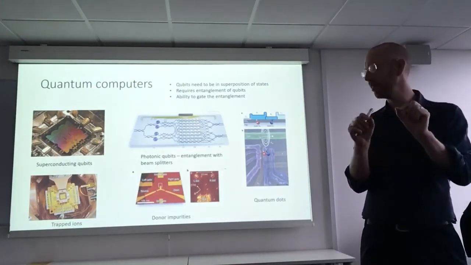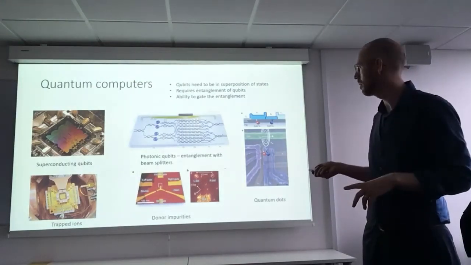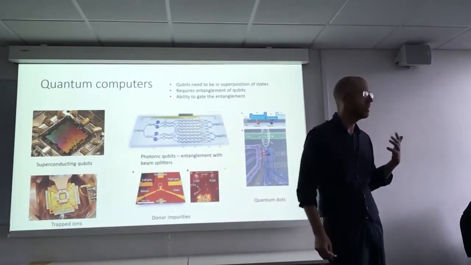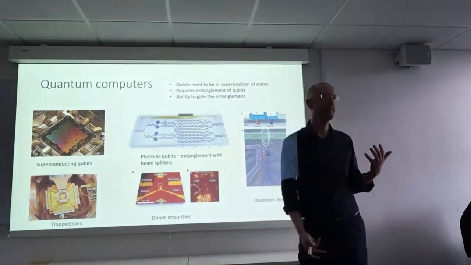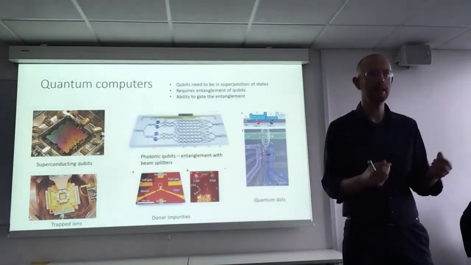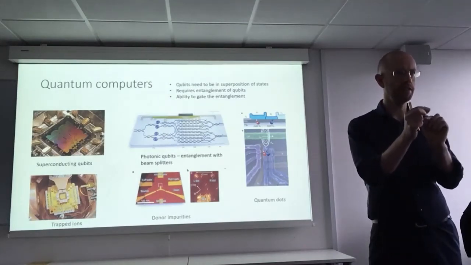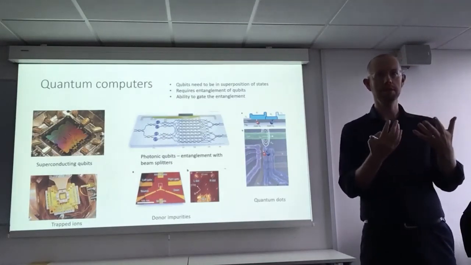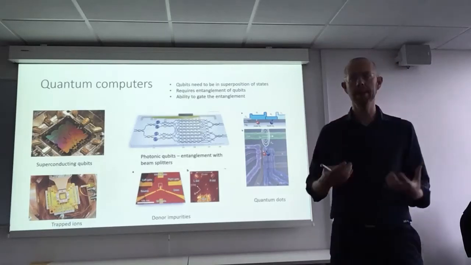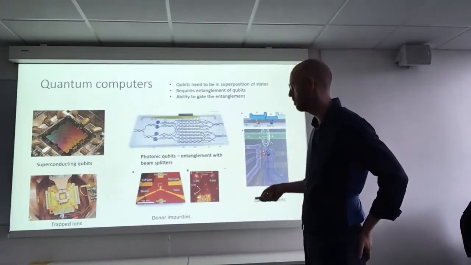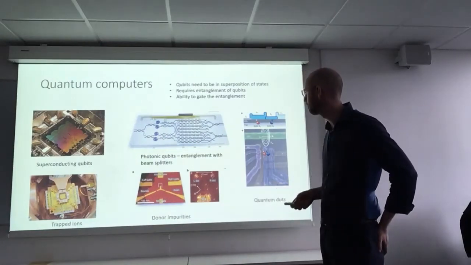So some of the parameters that we need for building a quantum computer are really good for trapped ions. But again, the scaling up is really difficult. If you imagine you want to get hundreds of these, how are you going to trap hundreds of atoms and get them close enough to each other, all floating in space? As far as I can see it, this is something that can't really be scaled up.